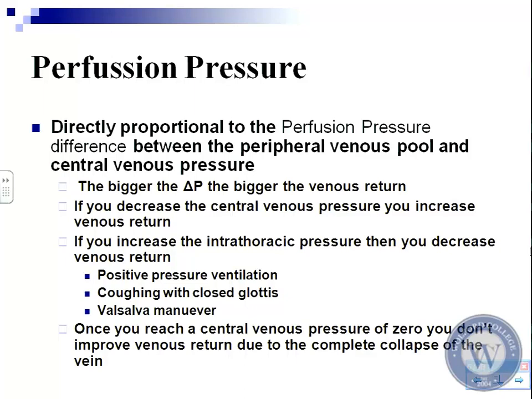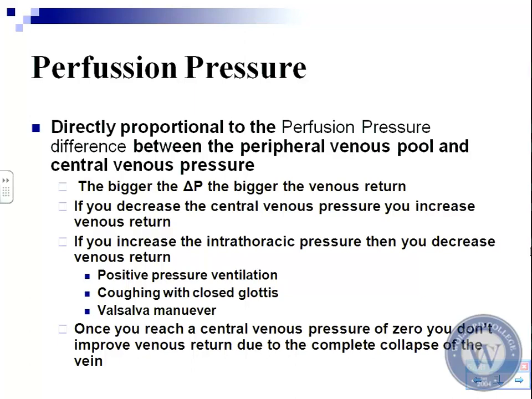But if you do the reverse, if I intubate somebody and I put positive pressure into them, what happens to my central venous pressures? They increase. So what happens to my delta P? It decreases. So delta P can be substantially affected in a negative fashion by positive pressure ventilation.